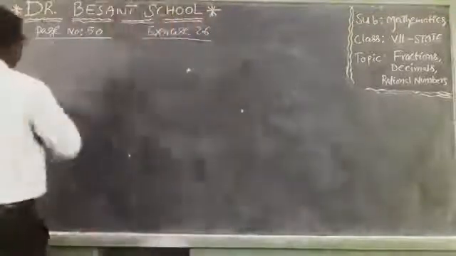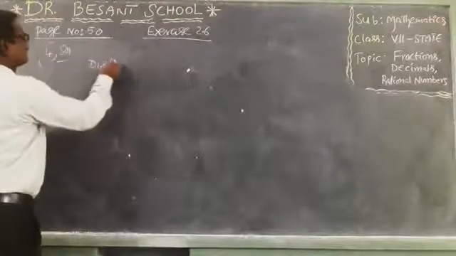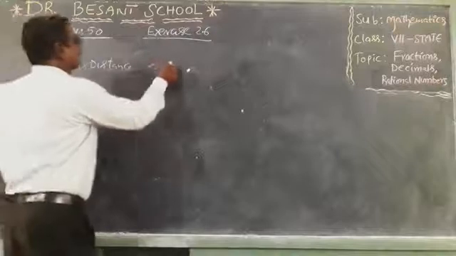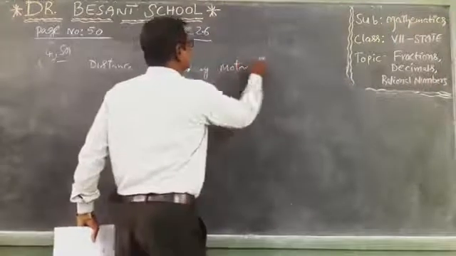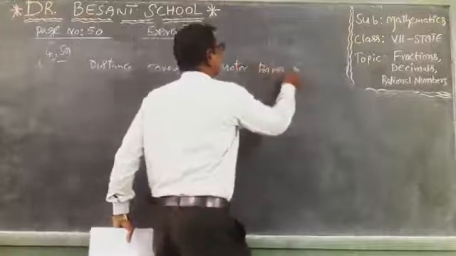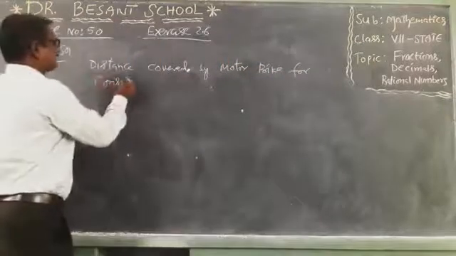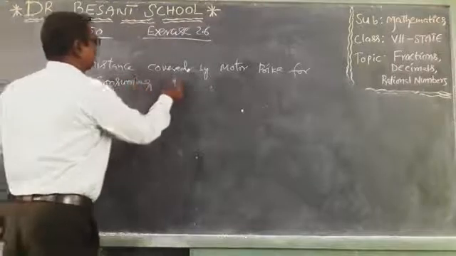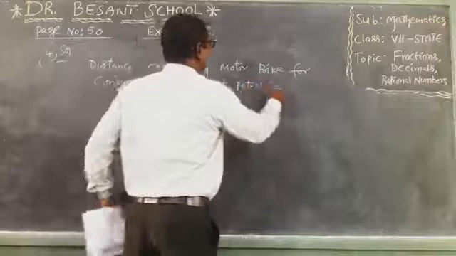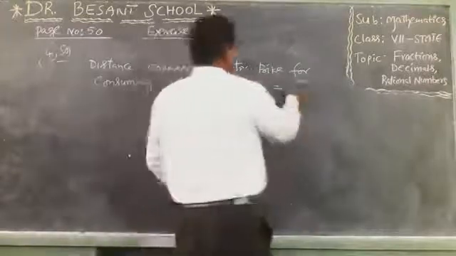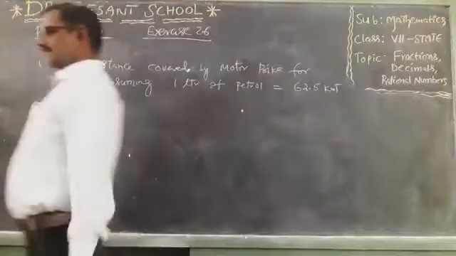That I will write. Fourth solution, see children the working. Distance covered by motor bike for consuming 1 liter of petrol is equal to 62.5 kilometers. That is given.